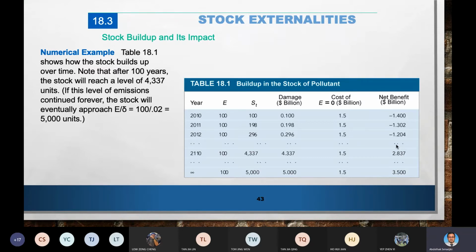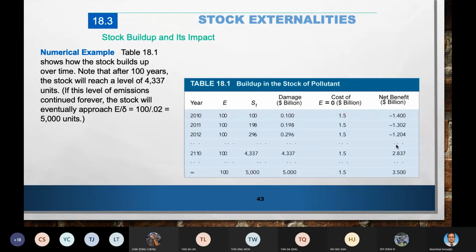And let's say the annual cost of reducing emission is 15 million per unit. How much is the cost? The cost will be 15 million times 100, which equals 1.5 billion.